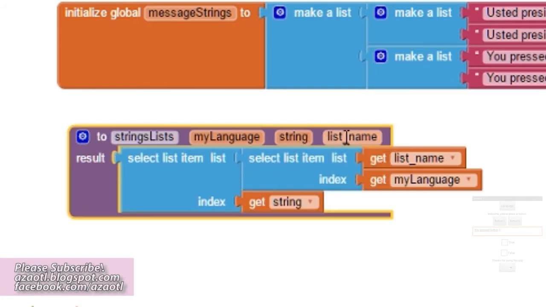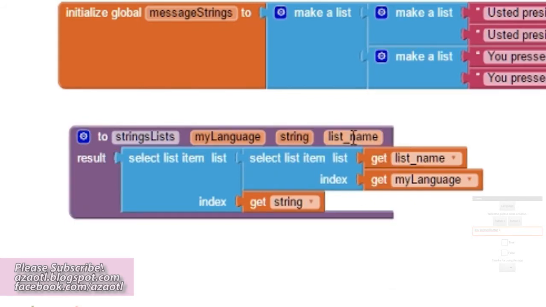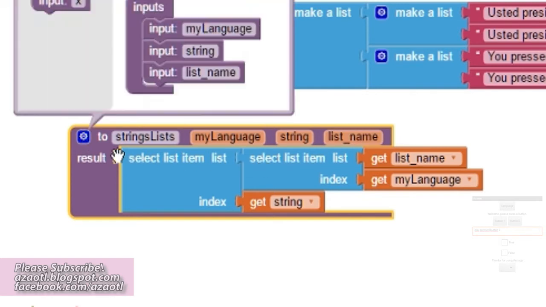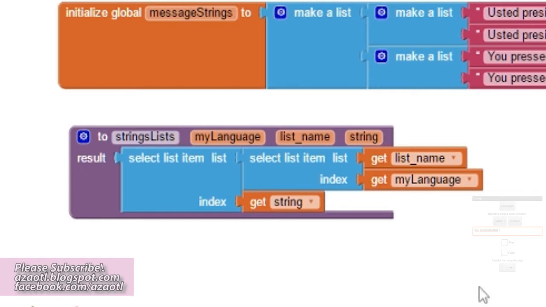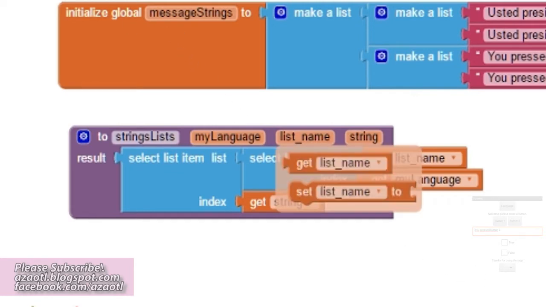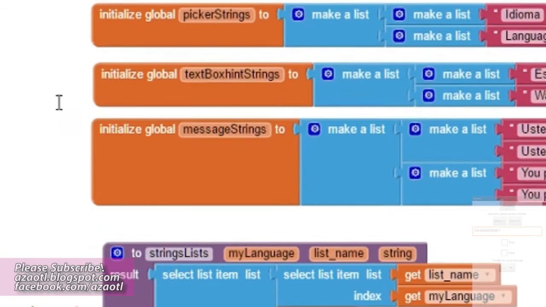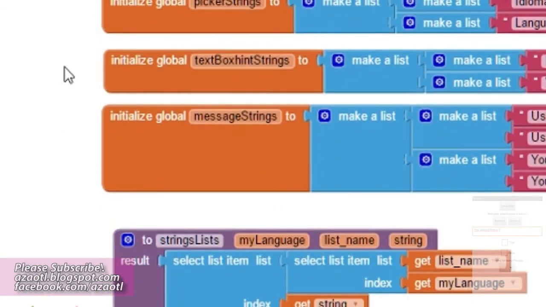Now we go here for list name. The list name refers to what kind of string you are using, or the list from the kind of component.